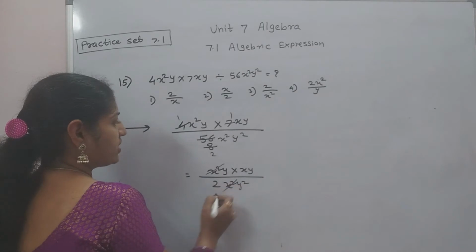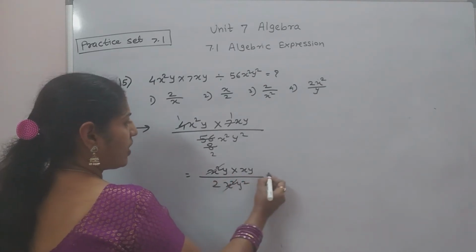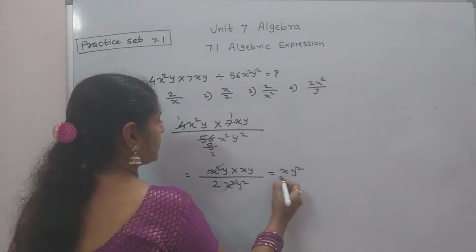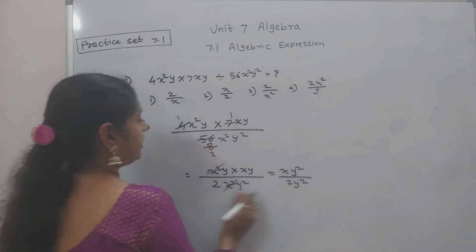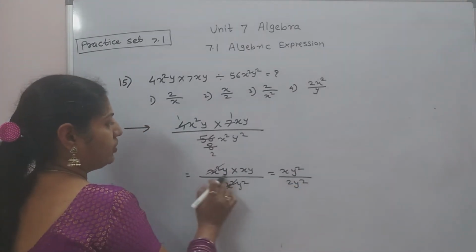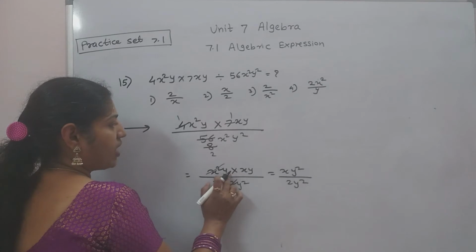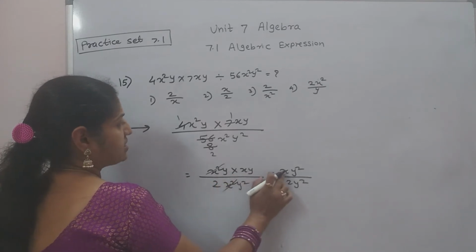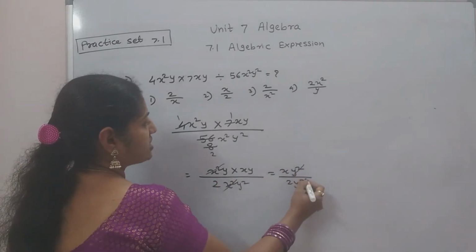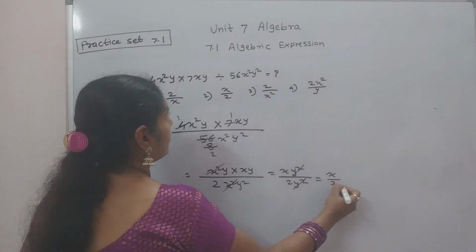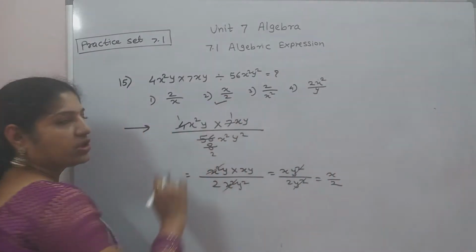X square cut. Y into y, y square. In denominator, 2 into y square. Numerator, y into xy, that is xy square. Y square cut, answer is x upon 2, option number 2.